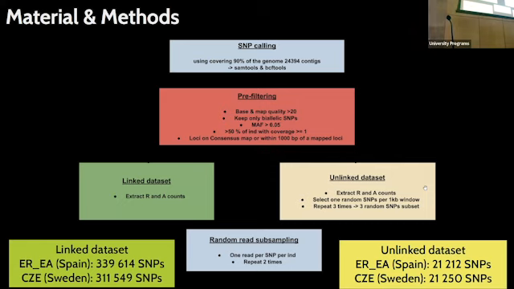When we wanted to look at the whole genome and what happened along the genome, we used all the SNPs we got. But when we wanted to look at more general whole genome average patterns, we used an unlinked data set, selecting only one SNP every 1 kb window.